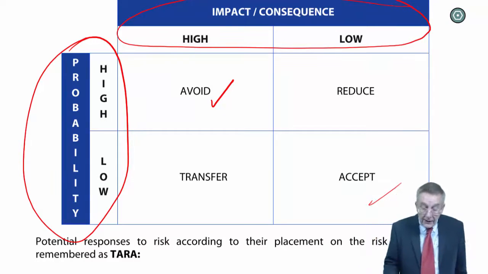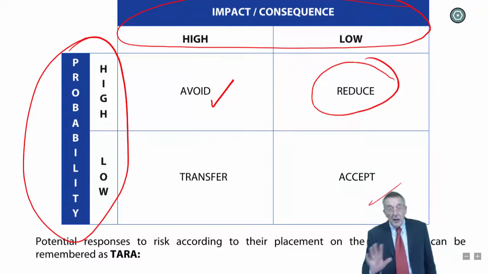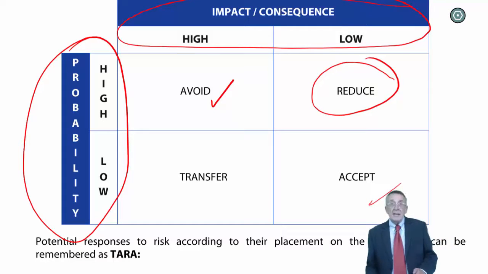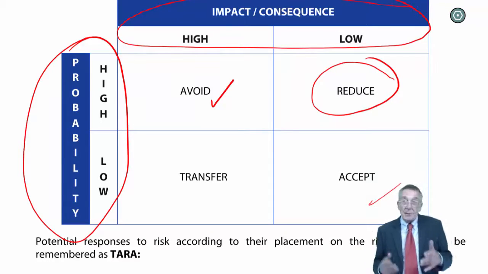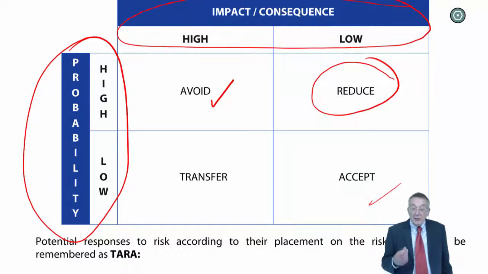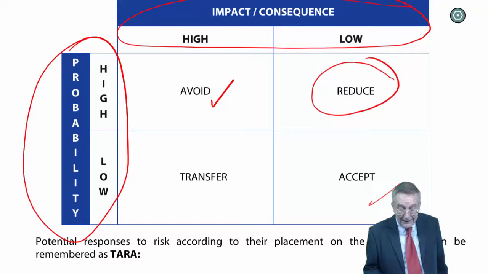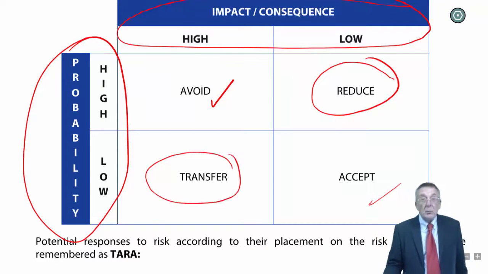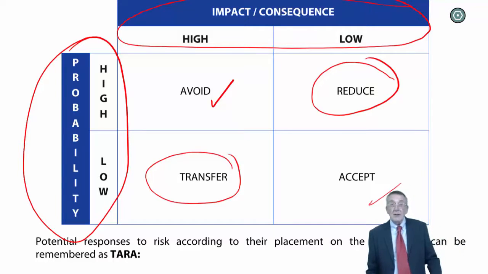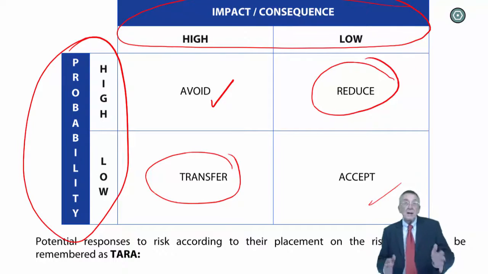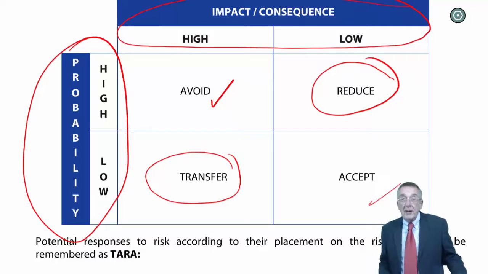But for the other two, if it's a low impact but a high probability, then we look for ways of attempting to reduce the risk. We'll talk about ways we might employ shortly. If it's high impact but a low probability, again, I'll talk about ways in a minute, we'll attempt perhaps to transfer the risk or share the risk with other people.